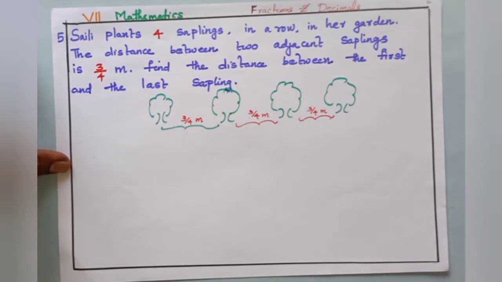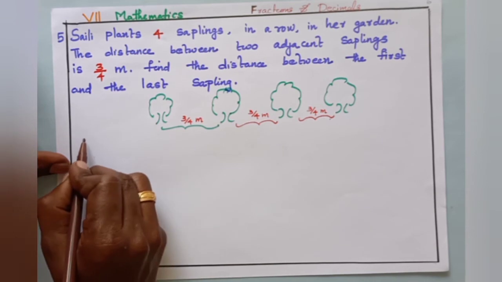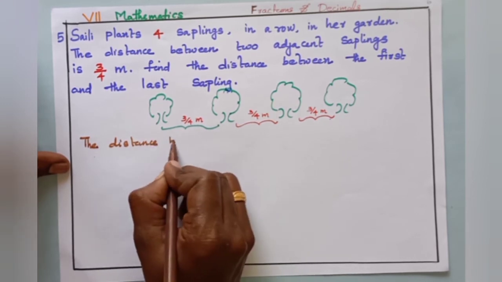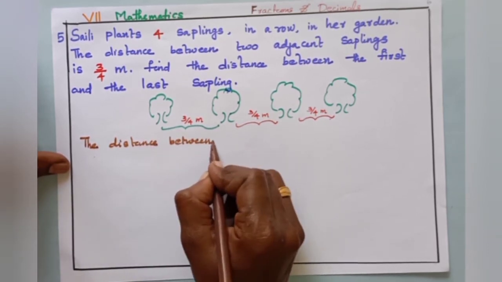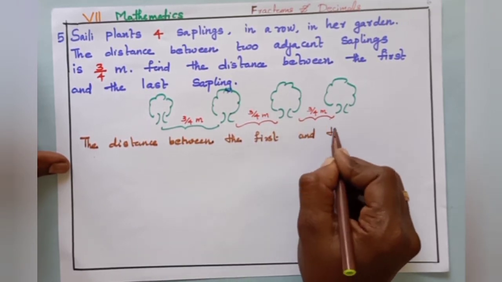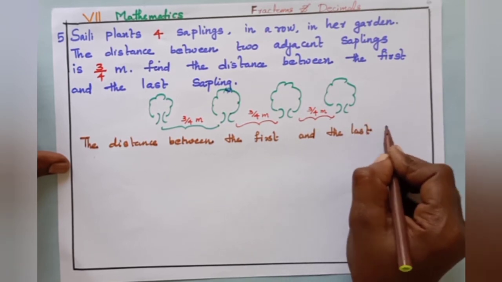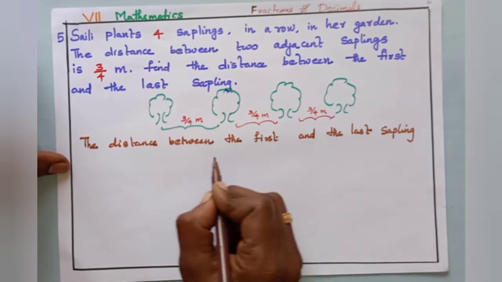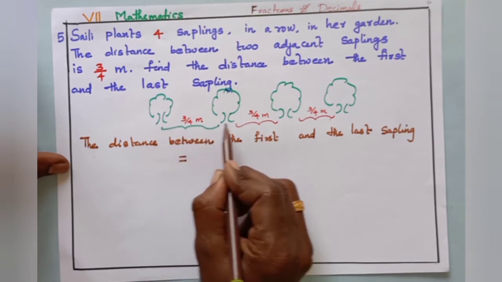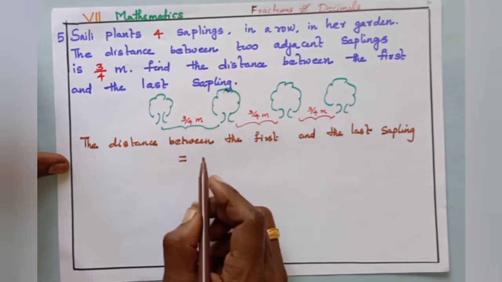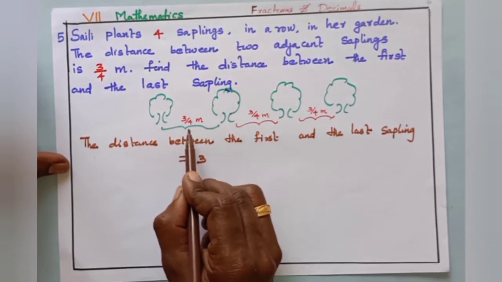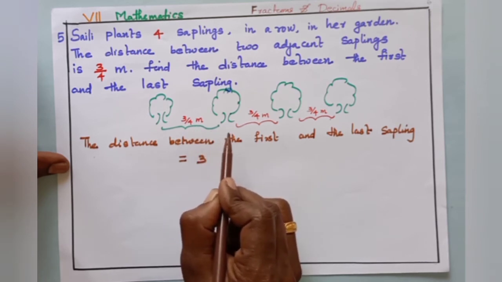So the distance between the first and the last sapling equal 3 times 3 by 4 meter distance. 3 times means multiply by 3.